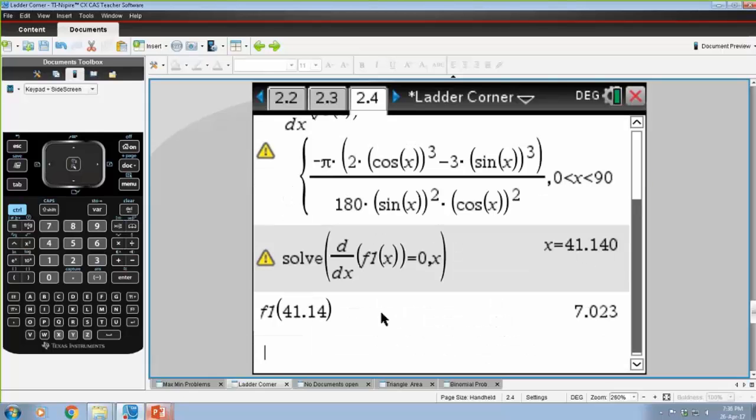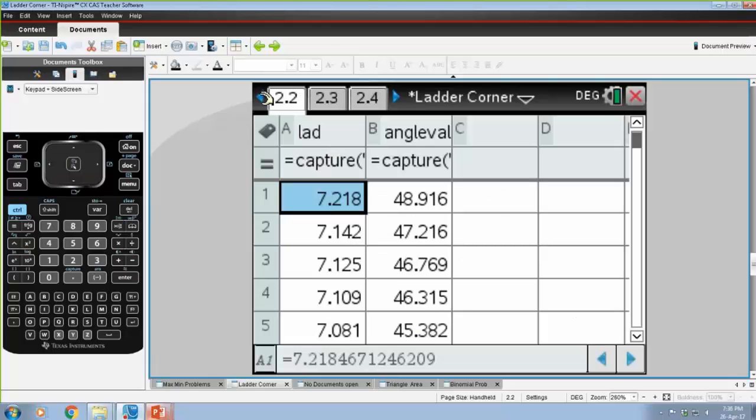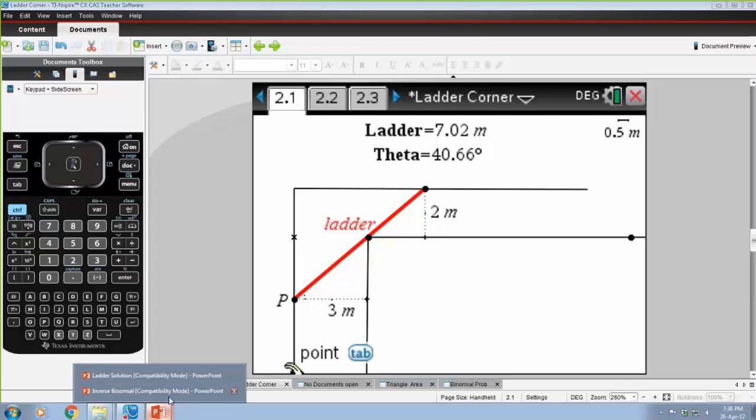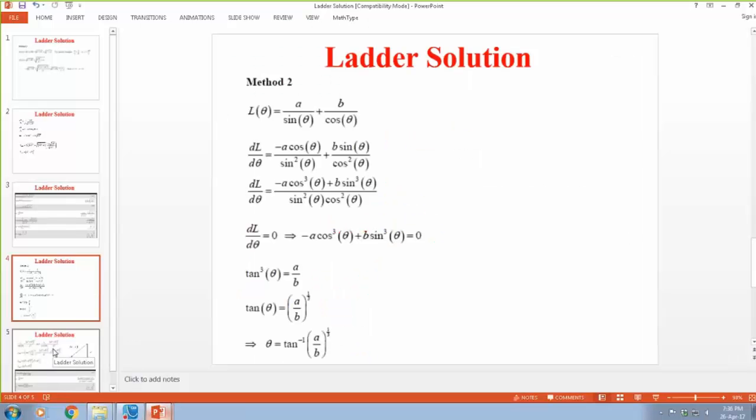This is for the particular case when the a and b were 3 and 2. But we've also got the general solution here, with a and b. You can actually solve these equations; I'll leave it to you, as I think we're running out of time.